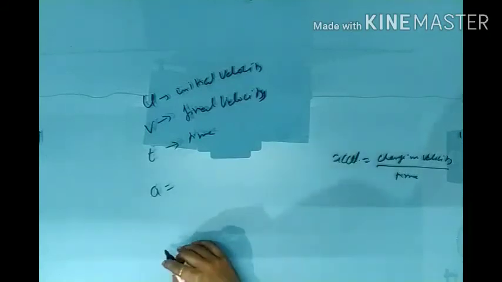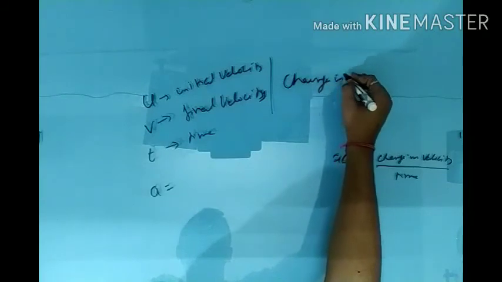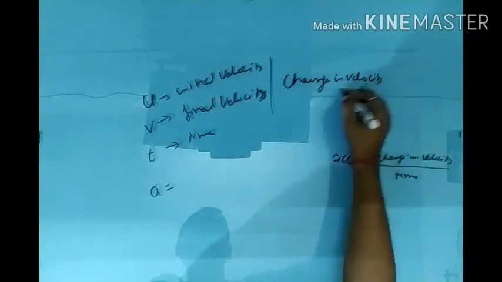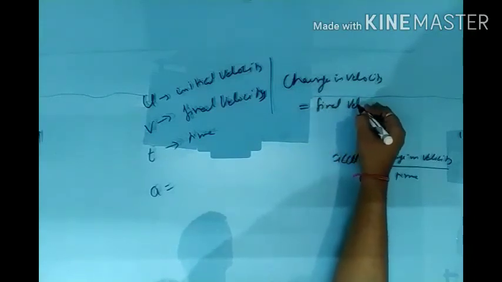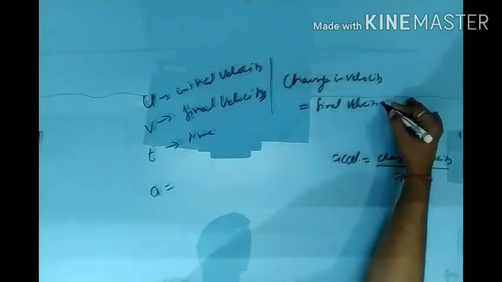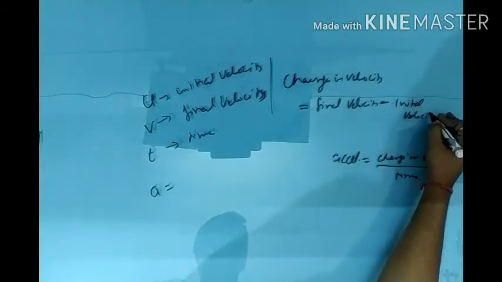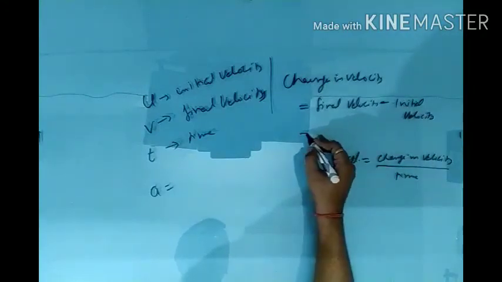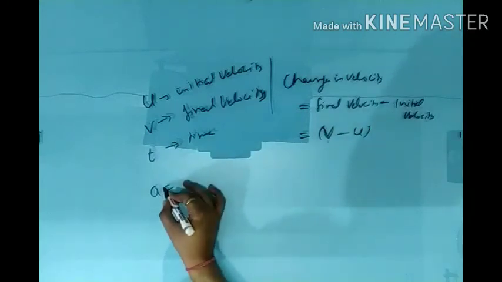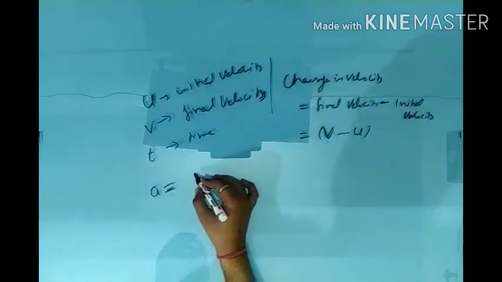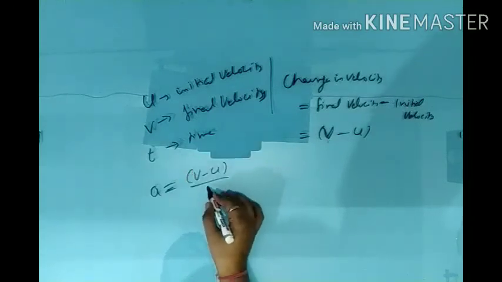To find the change in velocity, we have final velocity minus initial velocity, it becomes v minus u. Now a is equal to change in velocity, that is v minus u, divided by time t.